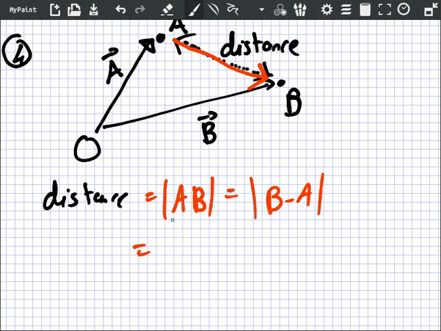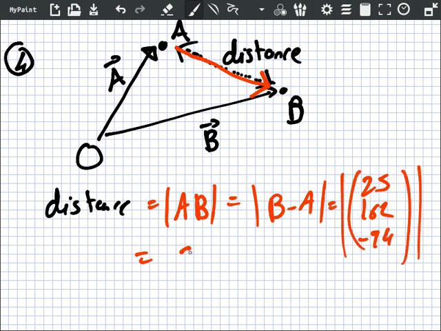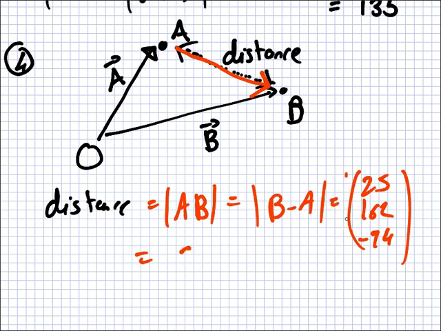So what answer did you get? 25i, 162j, and minus 94. Minus 94, you want the magnitude of that? Yeah. Did you calculate it? It's square root? Yeah, it's 189. 189. Nice.